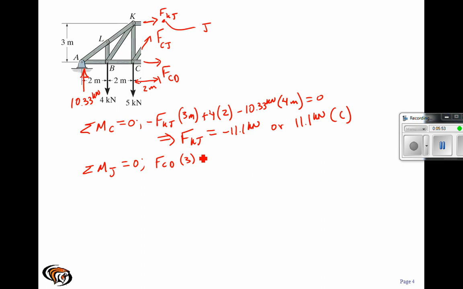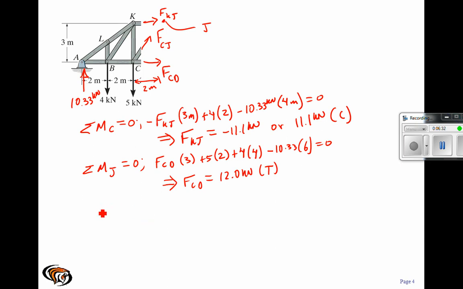Then the 5 kilonewton force produces a positive moment, 5 times 2. The 4 kilonewton force produces a moment of 4 times 4. And finally, the reaction at A produces a negative moment of 10.33 times 6. Set that equal to 0. From that, we get FCD equal to 12 kilonewtons in tension, and we'll indicate that with a T.